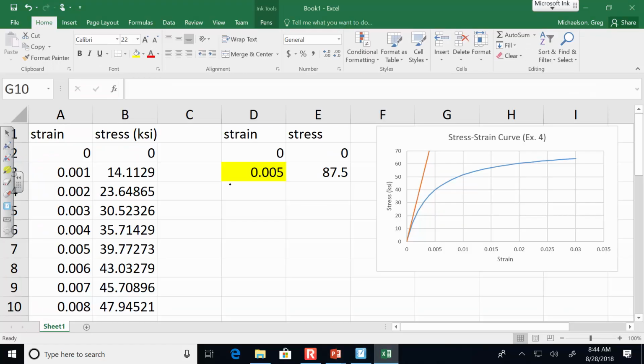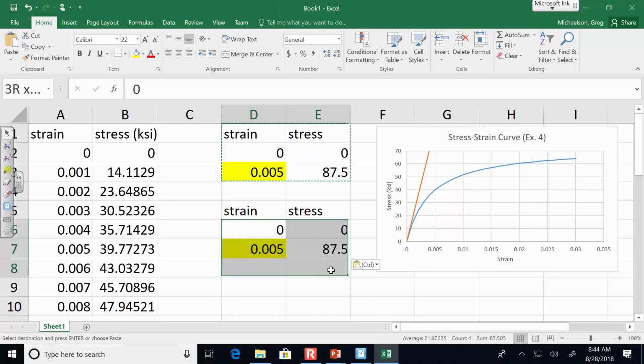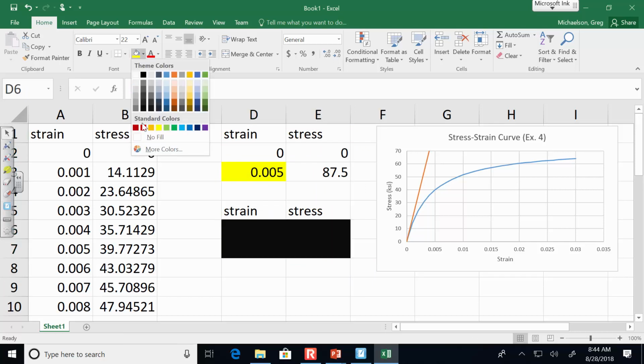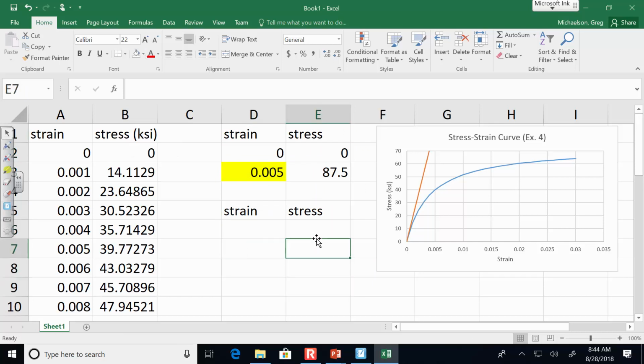See my curve here in Excel? Watch this. I'm going to set up a new column right here. Let me delete this. This right here corresponds to that orange line. What I want to do is see what happens if I move this over.